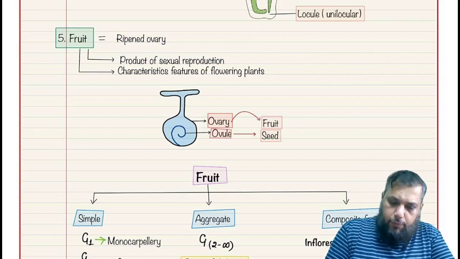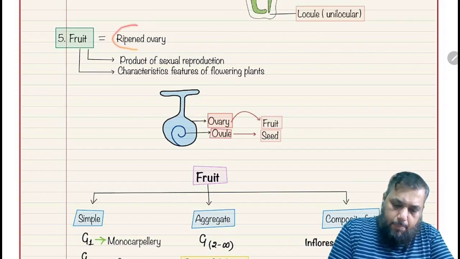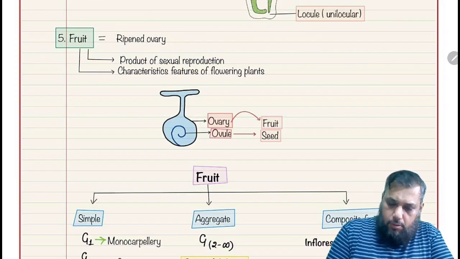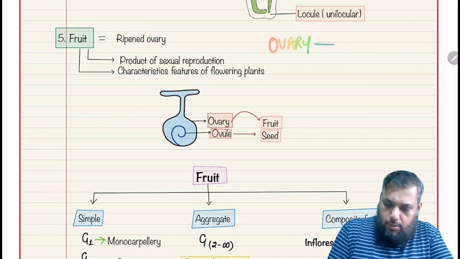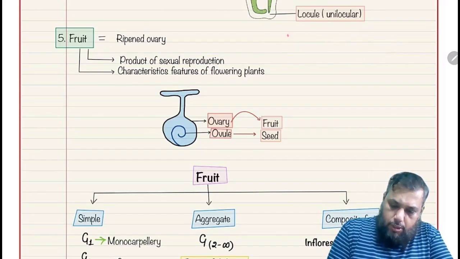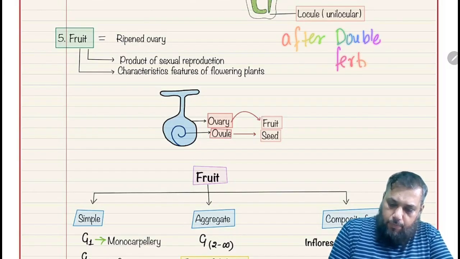So now how do you define a fruit? A fruit is a ripened ovary. What do you mean by a ripened ovary? That the ovary results in the formation of the fruit, and that occurs mostly after a process called double fertilization.